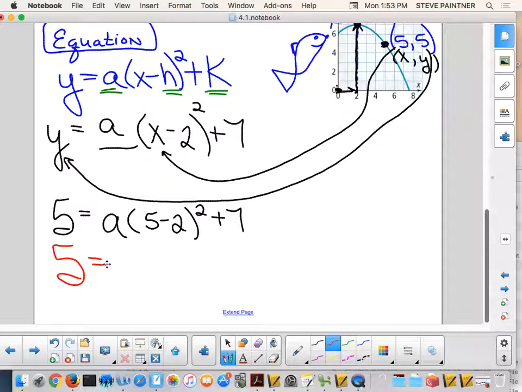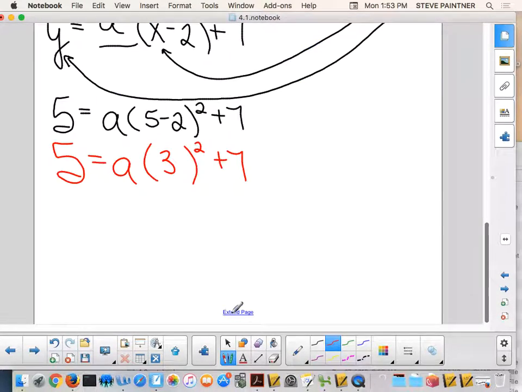You do not need a calculator for this problem. What's that? 9 times A, 9A. Keep solving. What do you do?